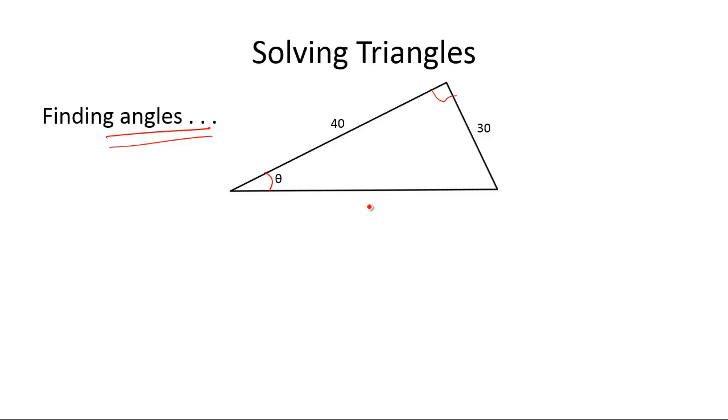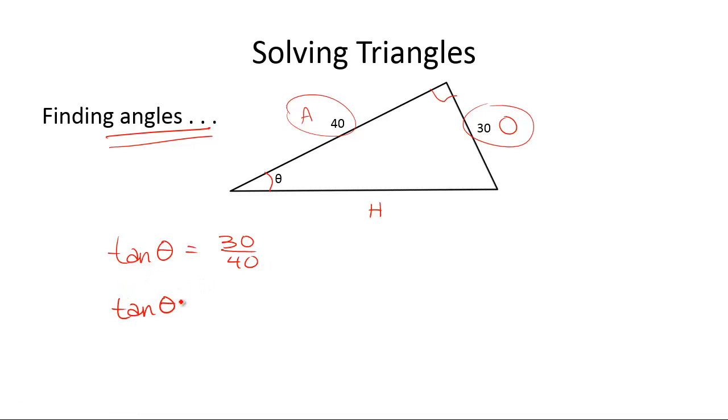Our 90 gives us the hypotenuse, our angle of reference gives us our opposite, and our adjacent is beside it. In this case, we're looking at opposite and adjacent, so that means the tangent of theta is going to be 30 over 40. So 30 over 40 is actually 0.75, so we know that the tangent of theta is 0.75.